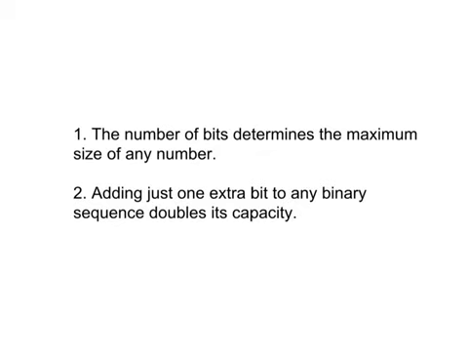Secondly, you see that just by adding 1 bit to the end of any binary sequence effectively doubles its capacity. So whereas with 3 bits you can store 8 different values, that's 0 through 7, with 4 bits, you can store 16 different values, 0 through 15, and every time you add a bit, you double how much can be stored.